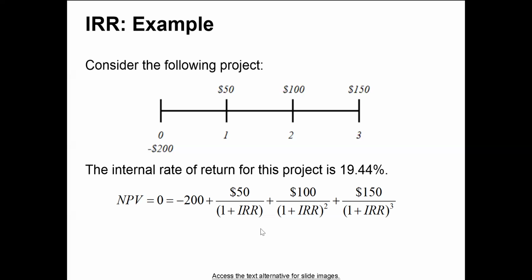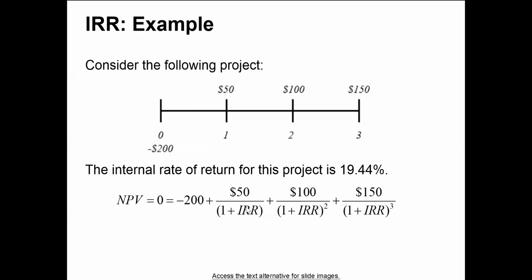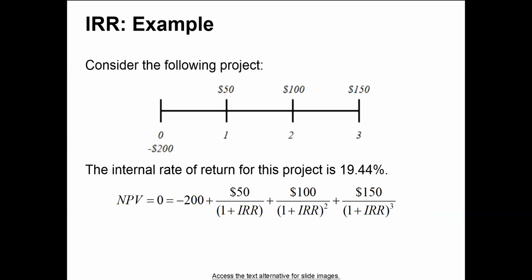If you put the IRR as zero, what is the NPV? Just 100, right? You can see that if IRR is zero, the NPV is just 100, as a definition, right?